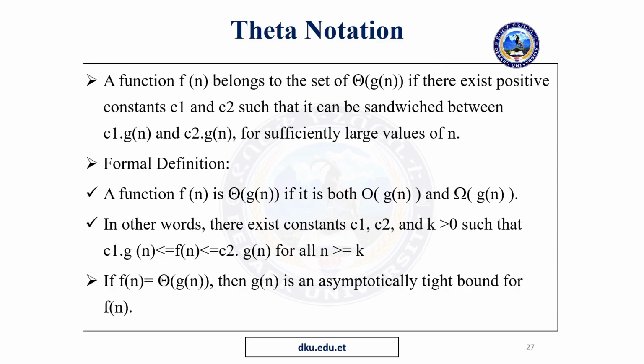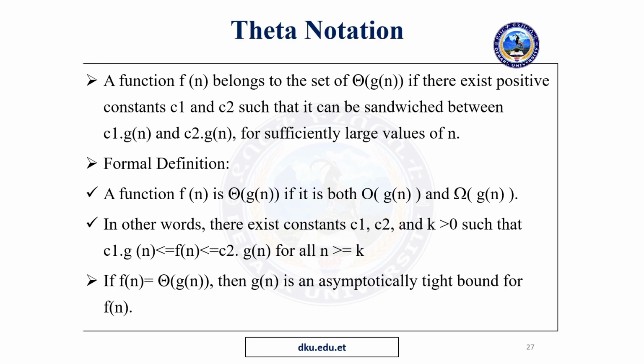And the third one is theta notation. A function f of n belongs to the set of theta of g of n if there exist positive constants c1 and c2 such that it can be sandwiched between c1 g of n and c2 g of n for sufficiently large values of n. In the formal definition, f of n is theta of g of n if it is both big O of g of n and omega of g of n.